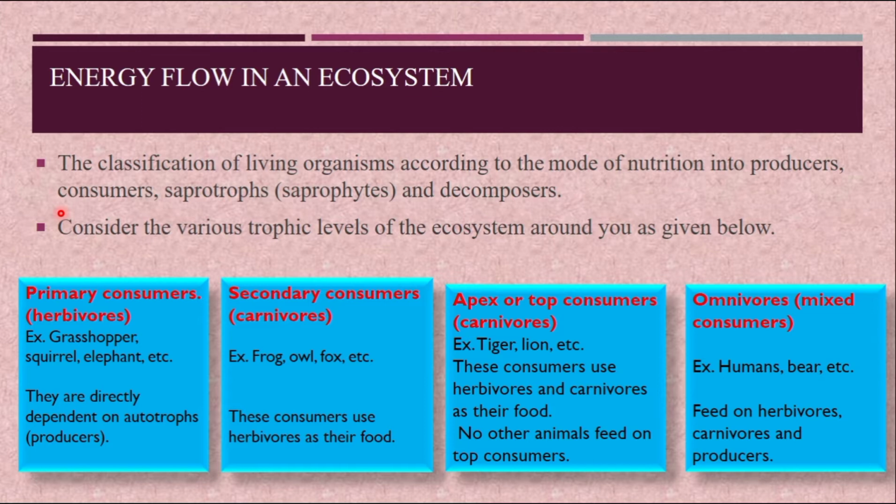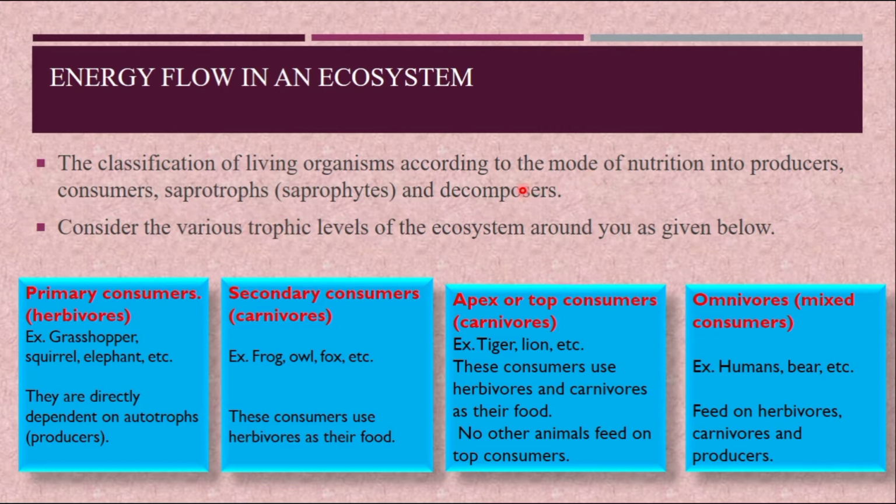The macro consumer is again classified into primary consumer, secondary consumer and tertiary consumer. The micro consumer includes the saprophytes, that is bacteria, virus and fungi.